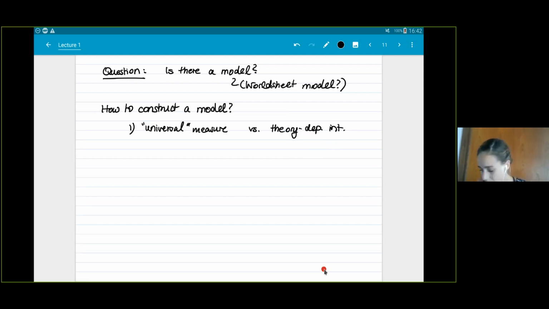Now, what this suggests at least is that we should construct our worldsheet action as a term that I'm going to call bare for now, because it's going to be what gives us the measure, plus something else that I'm going to call matter, because it is going to determine what the theory is.